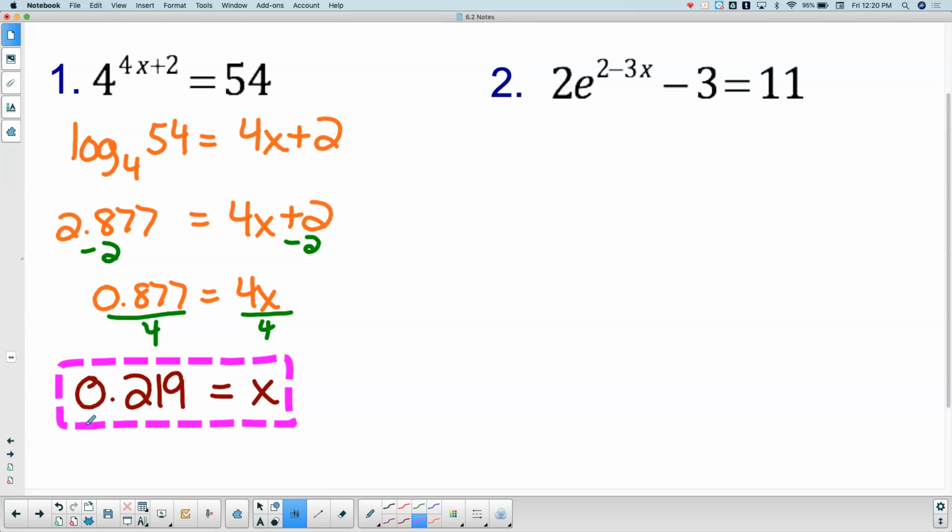On this particular one, add 3. Divide by 2.